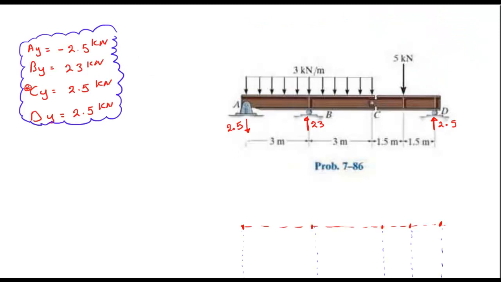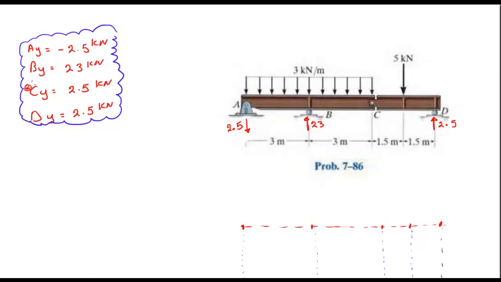Okay guys, after some cleaning up, here I summarized the results, and I cleaned up the space for you so we can go ahead and draw the shear force and bending moment diagrams. We notice in the summary that AY is negative 2.5, so it's pointing downwards with a value of 2.5. BY is 23 going up as a reaction.